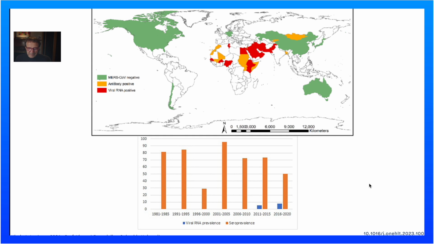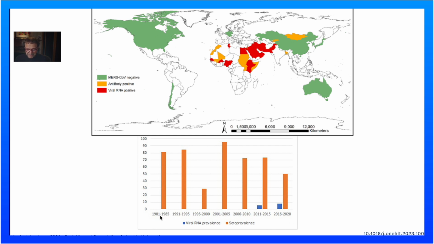Anyway, a number of studies have looked for seropositivity in camels, either antibodies or, in some cases, RNA by PCR, and samples were available from 1981 through 2020.